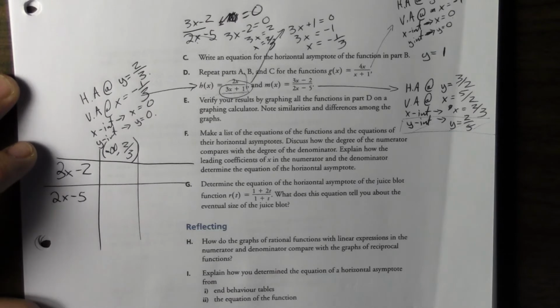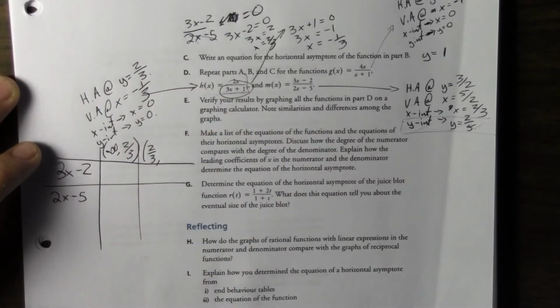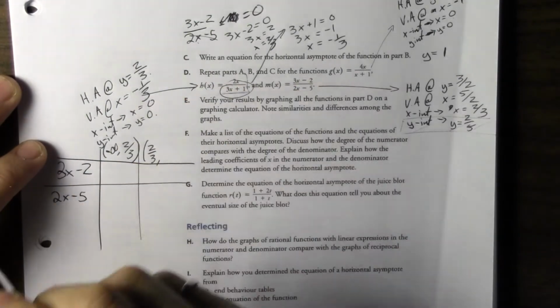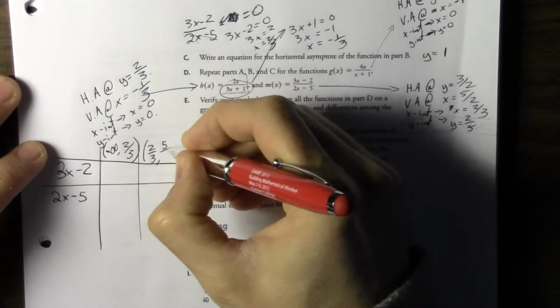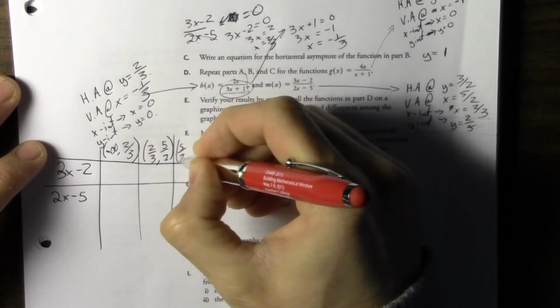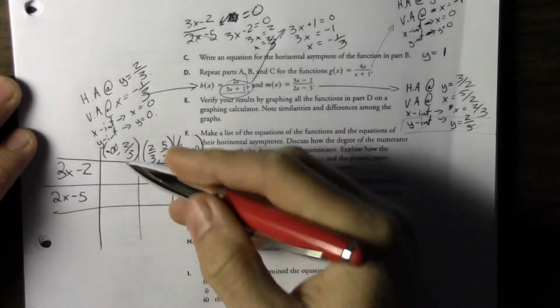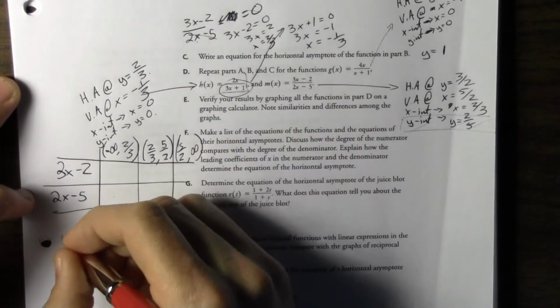Does that make sense to you guys? Is there any questions about that? The next interval then would be 2 over 3 to what? Okay, and then you determine this is positive, negative, and then the result.